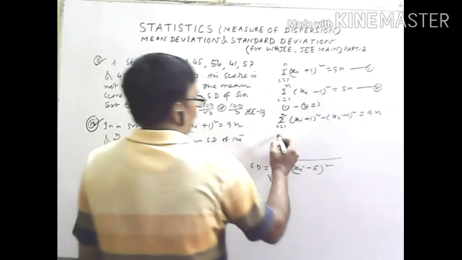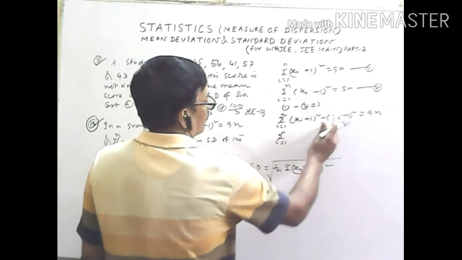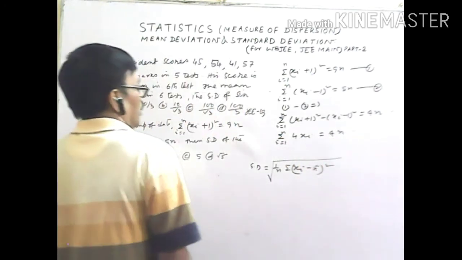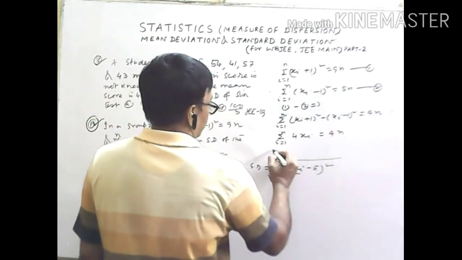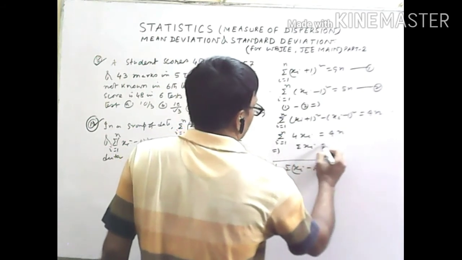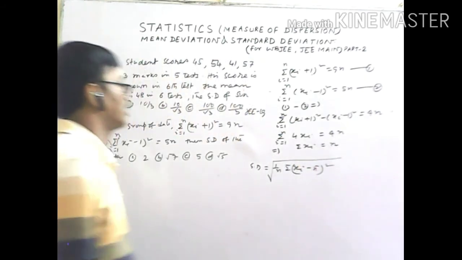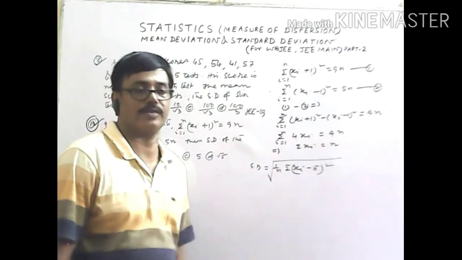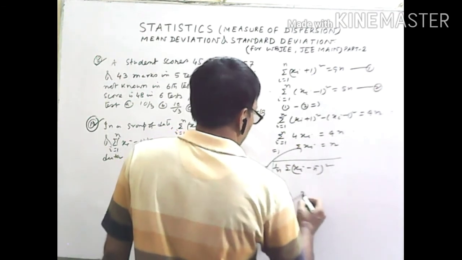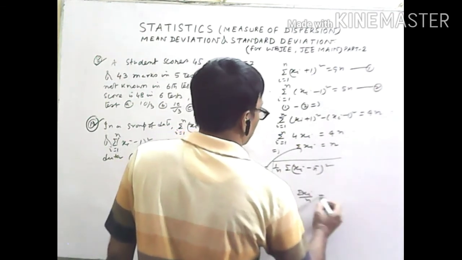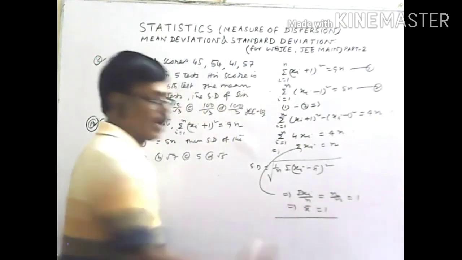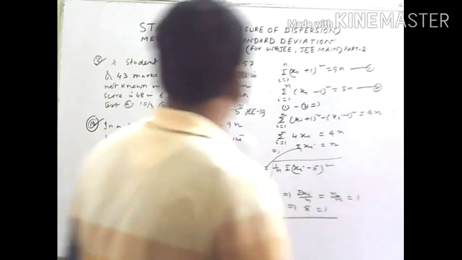So I think all are cancelled out, only 4xi remains. So 4 summation xi equals 4n. Summation xi equals n. The 4 cancels. Now what is x bar? x bar equals summation xi by n, so n by n is 1. X bar is 1.